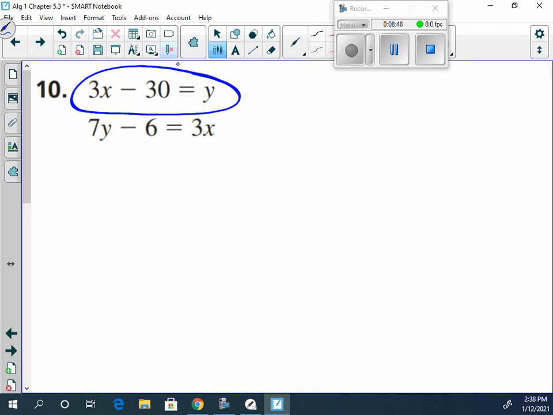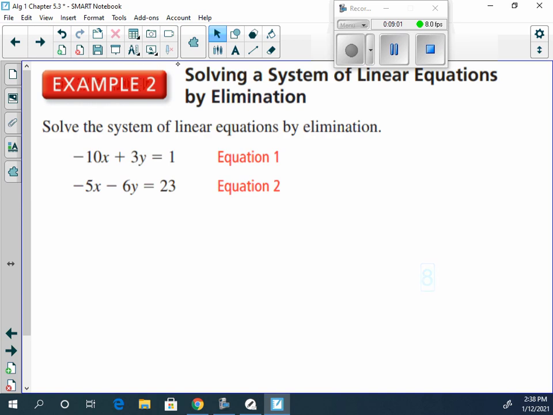The top equation is already set up in that form. That's why I would use substitution, because we can just plug it in, and we would get the same answer.